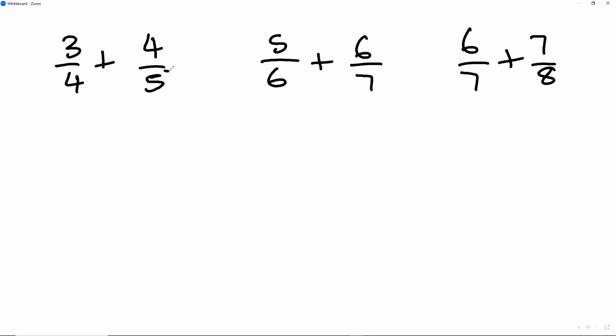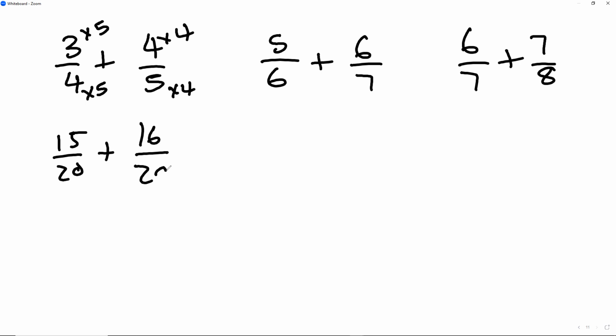Here we go. 4 and 5. I'm going to multiply this by 5, multiply this by 5, multiply this by 4, multiply this by 4. There we go. 15 over 20 plus 16 over 20 is 31 over 20, which can be written as a mixed number, 1 remainder 11 out of 20.